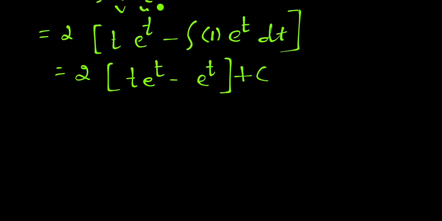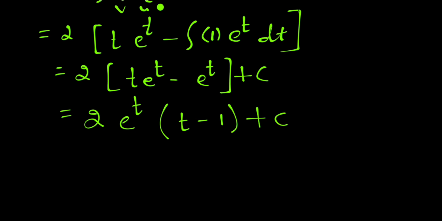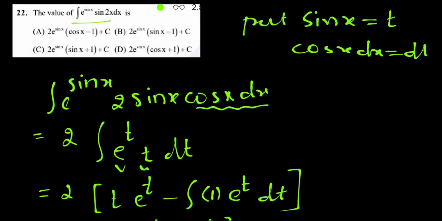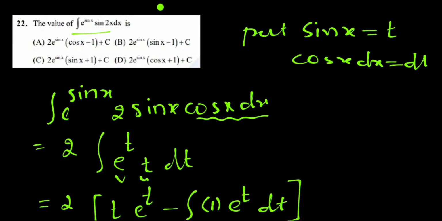If you take e power t common, e power t into (t-1) plus c. Here t is nothing but sin x, so 2 e power sin x into (sin x - 1) plus c. Option B is the correct answer.